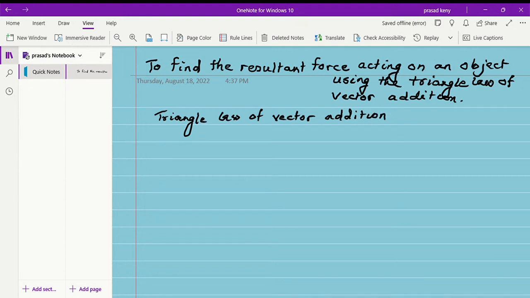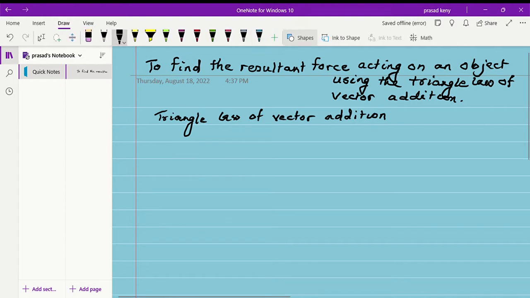So, suppose there is one vector here, vector OA. Suppose this vector is A bar.